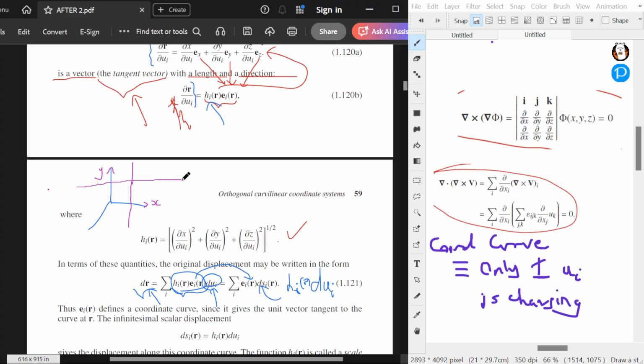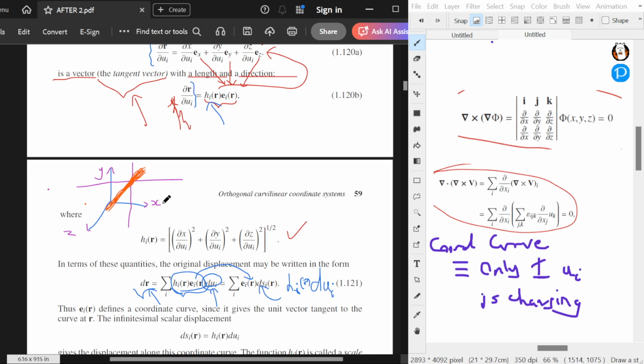Y is constant on this line. And Z could change, but the only way Z could change and not affect these is in the normal to here, at that specific point. Is that a correct thing to say? I feel like it is.